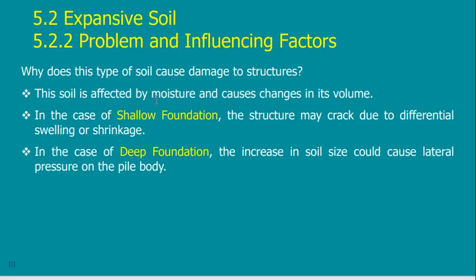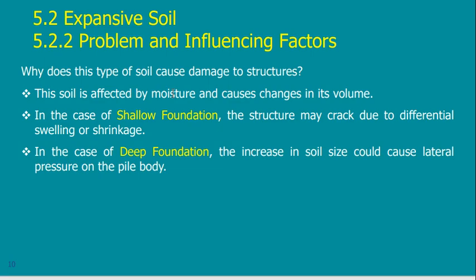Problems and influencing factors. Why does this type of soil cause damage to the structure? The soil is affected by moisture, causing a change in its volume. Actually, it's not by moisture, it is by wetting, because it's not just moisture that causes the problem.